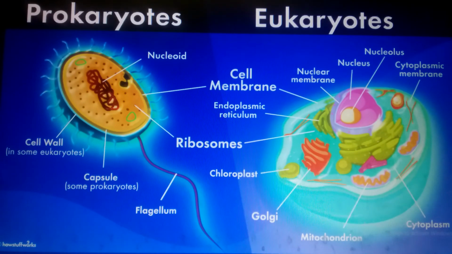Now you can see here the differences through this figure. You can see the nucleus. Here nucleus absent, just nucleoid present. Here just ribosomes present. And capsule is present, flagella is present, cell wall is present, which is murein.